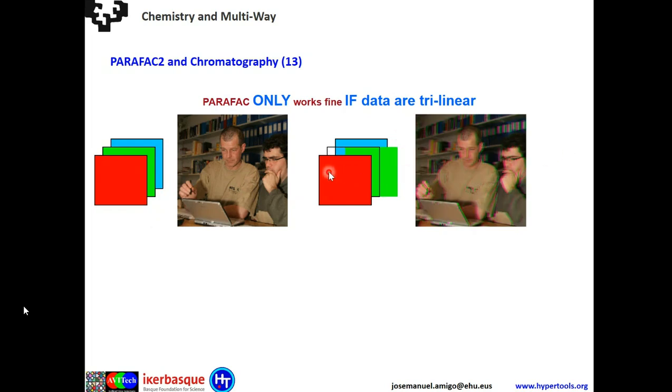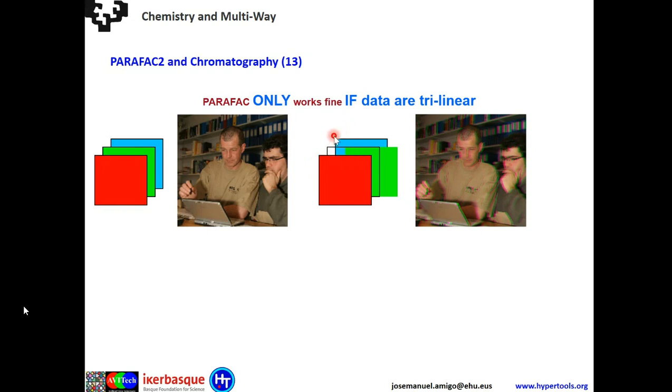Basically, for every pixel here, we have a spatial correspondence. But if we move this channel to the right, now we don't have a spatial correspondence. So for these two dimensions, we have lost the correspondence in this third dimension.